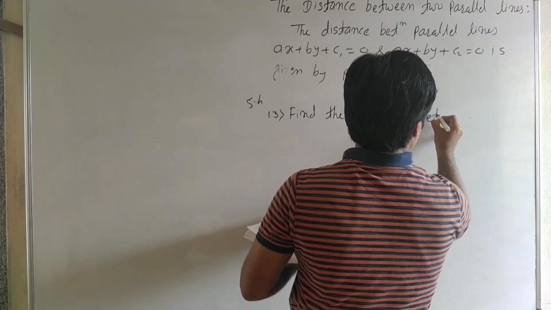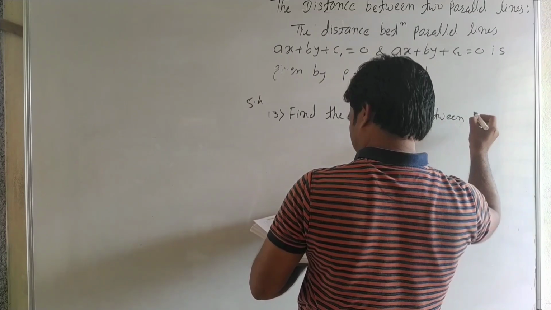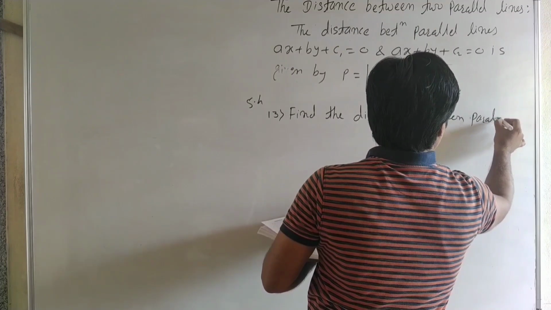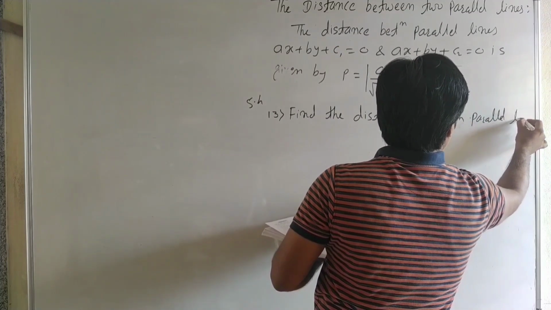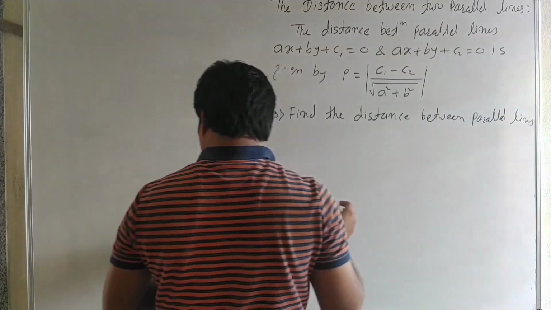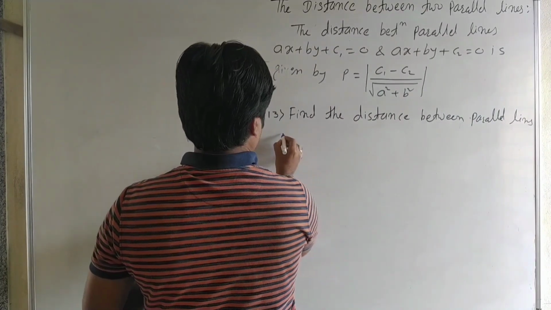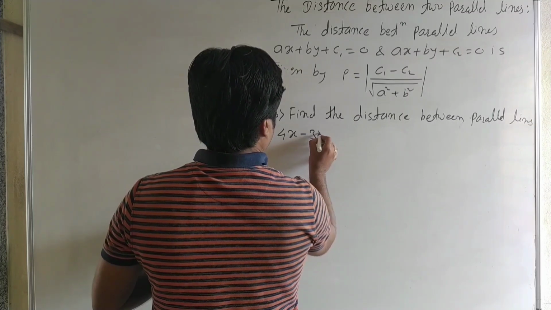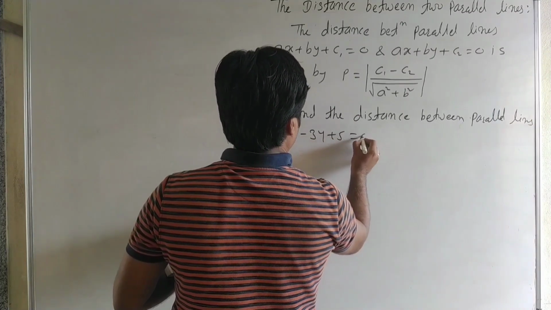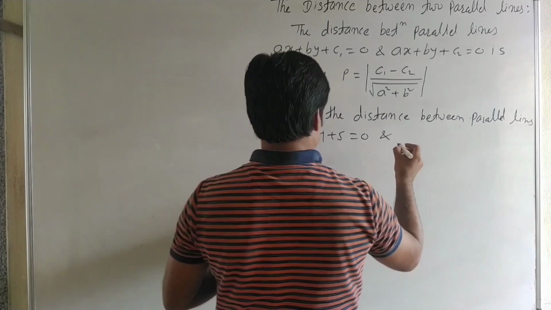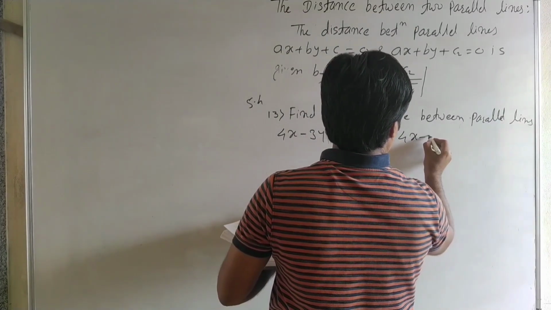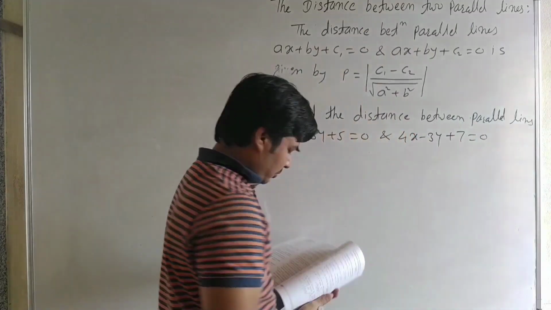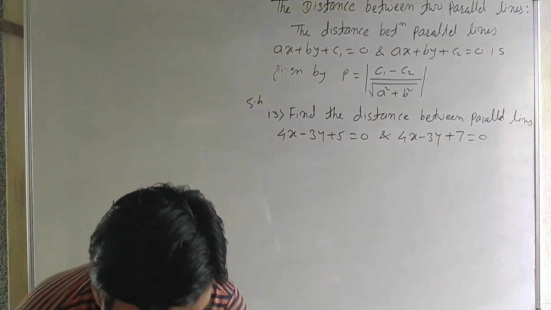Find the distance between parallel lines 4x minus 3y plus 5 is equal to 0 and 4x minus 3y plus 7 is equal to 0. Now we find the distance between parallel lines.